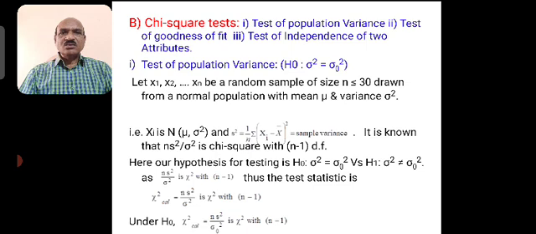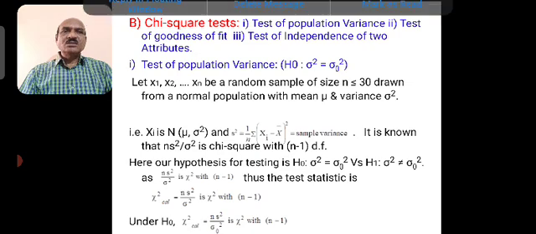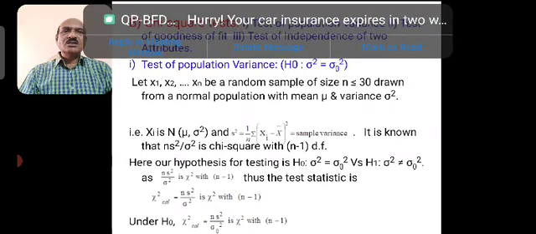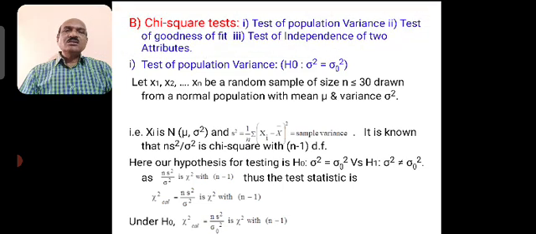If s square is the sample mean square, that is, the formula is 1 upon n minus 1 summation xi minus x bar square, then n minus 1 s square divided by sigma square has the chi-square distribution with n minus 1 degrees of freedom.